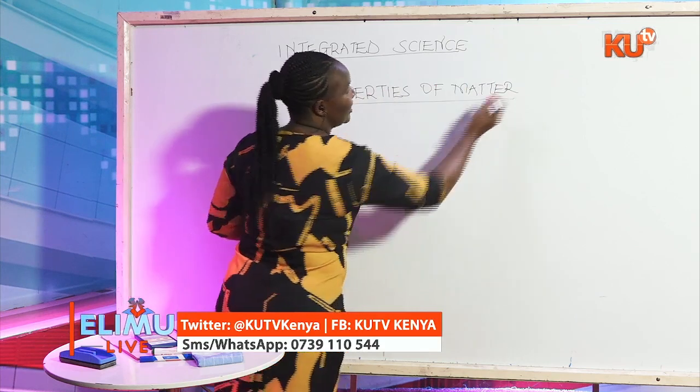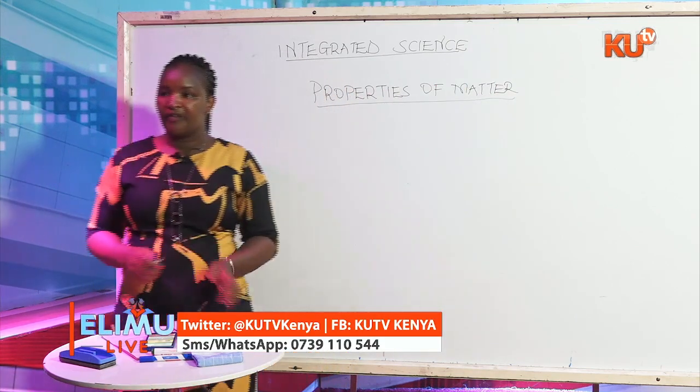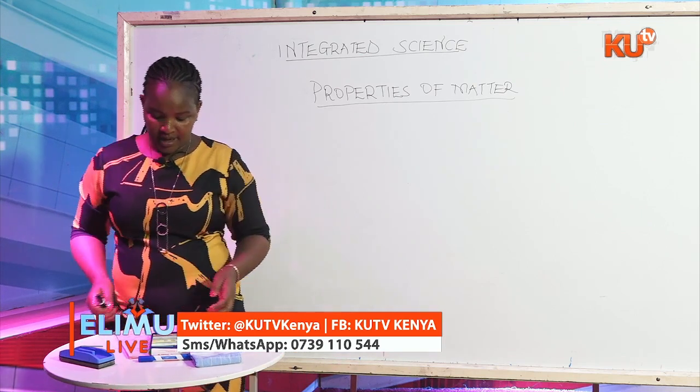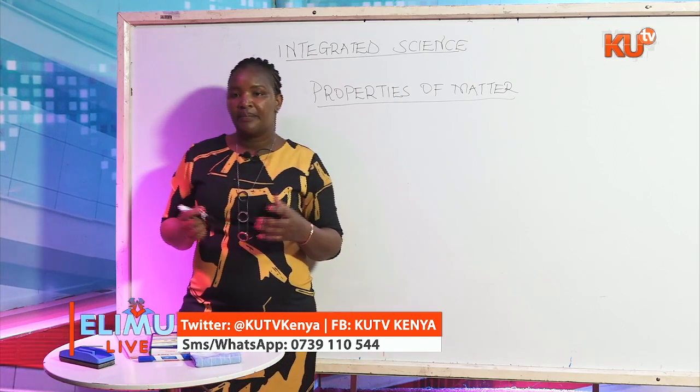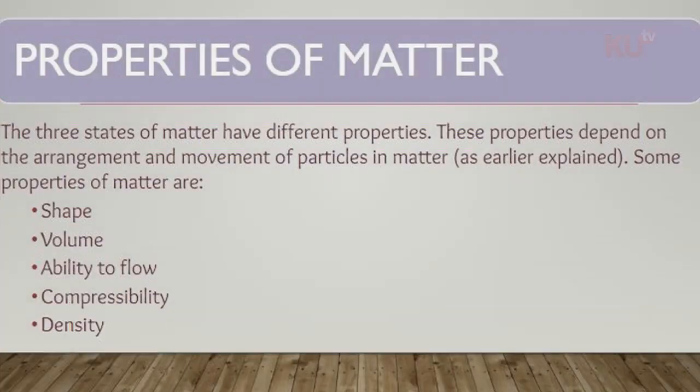So, properties of matter. When we talk about properties of matter, the three states of matter have different properties, like I've just said. And these different properties depend on the arrangement and the movement of particles in matter.